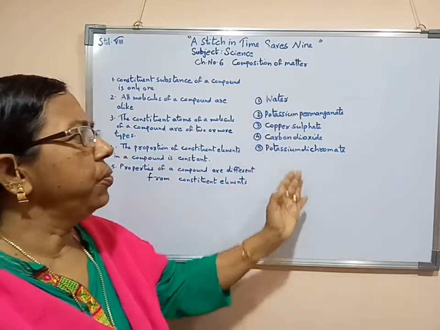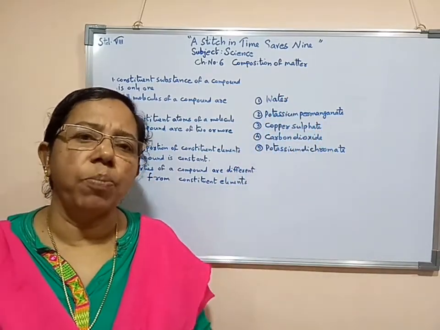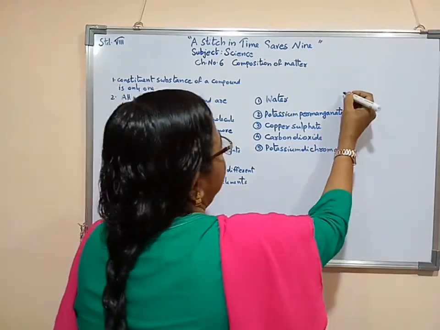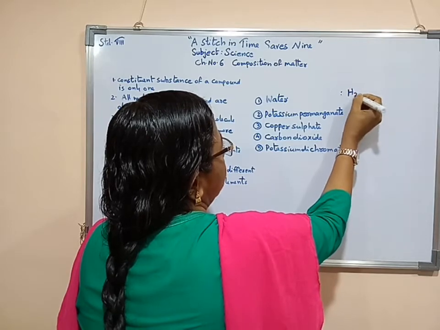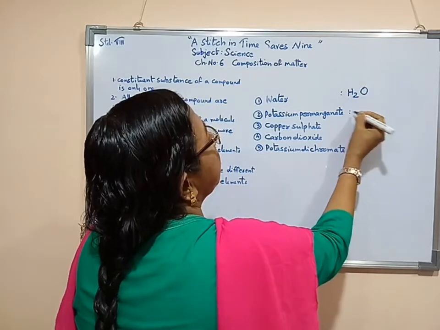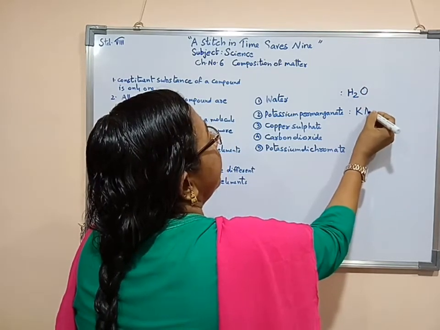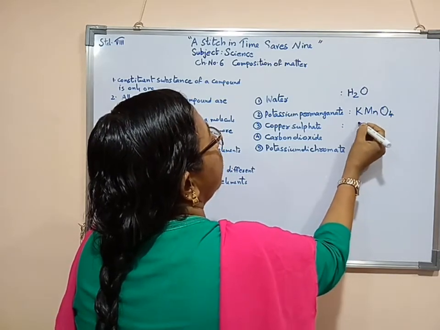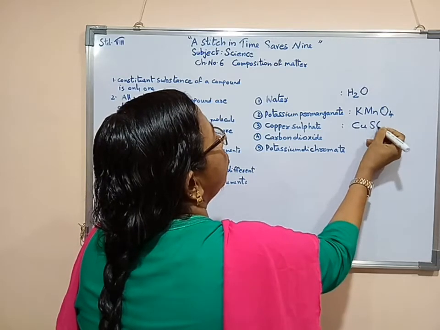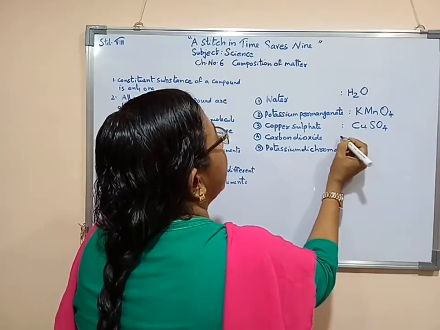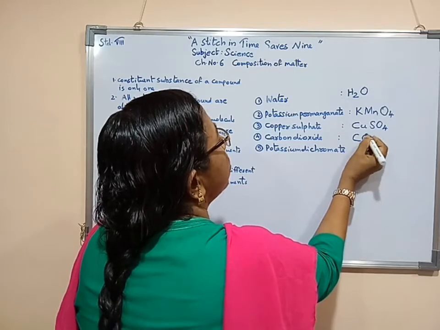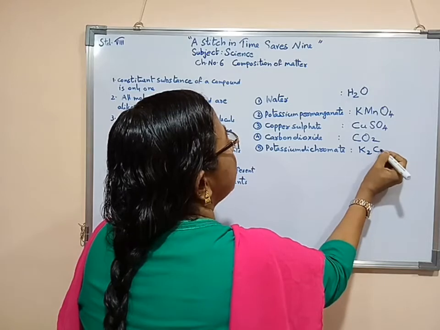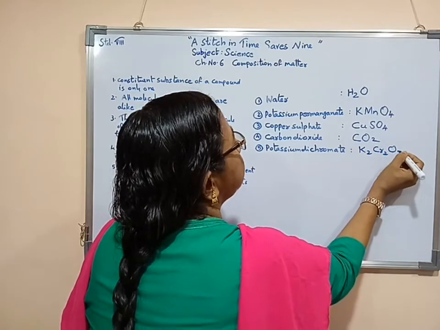Here I have written a few examples of compounds. Now we will write their molecular formulae. Water, H2O; potassium permanganate, KMnO4; copper sulfate, CuSO4; carbon dioxide, CO2; potassium dichromate, K2Cr2O7.